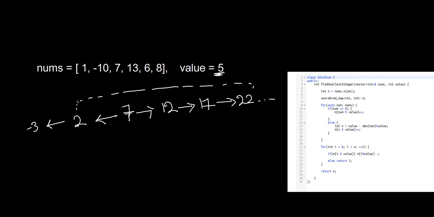So 2 mod 5 equals 2, 7 mod 5 equals 2, 12 mod 5 equals 2, 17 mod 5 equals 2, and that means we only need to store this mod value for value 7, and whatever value we want to reach, we can use this mod.